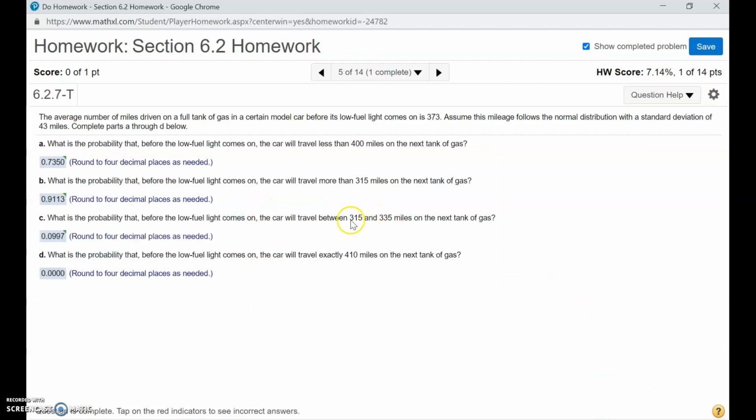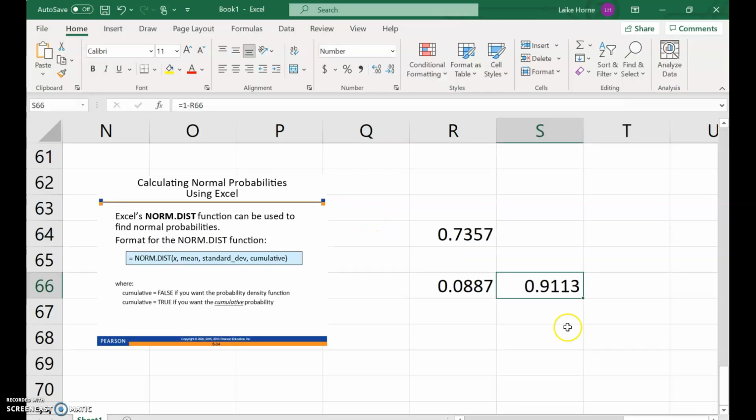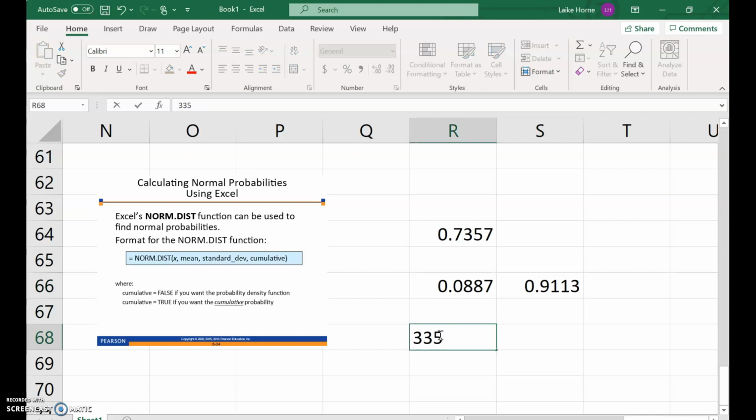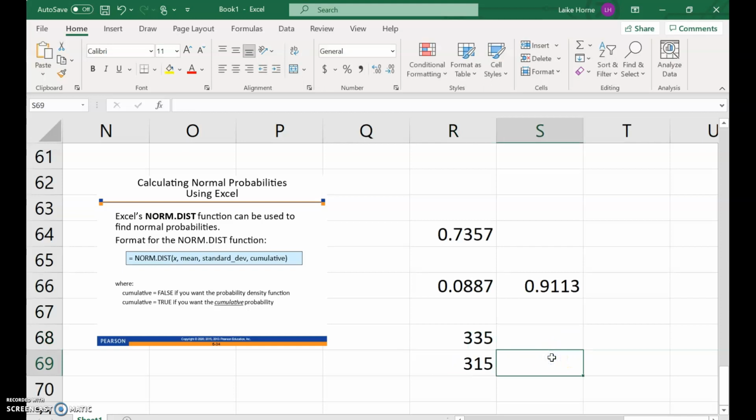All right, between 315 and 335. So first we need to do 335, which is the larger one. Then we need to do 315, which is the smaller one, and subtract the area under the smaller number because we don't want to include that.